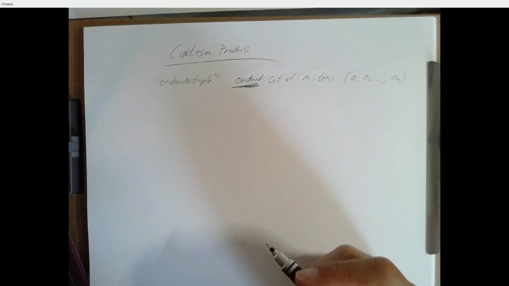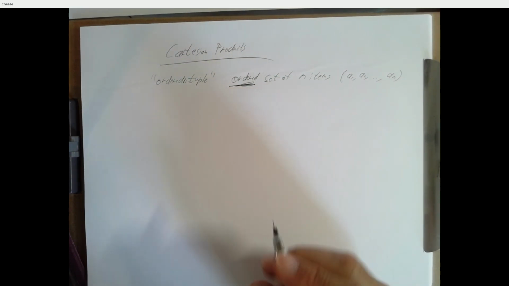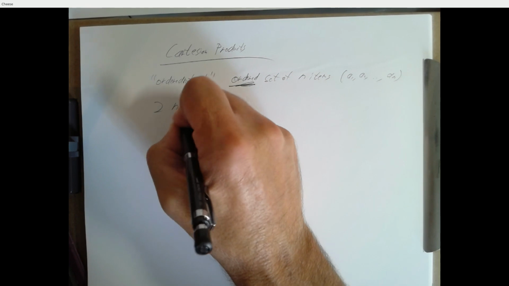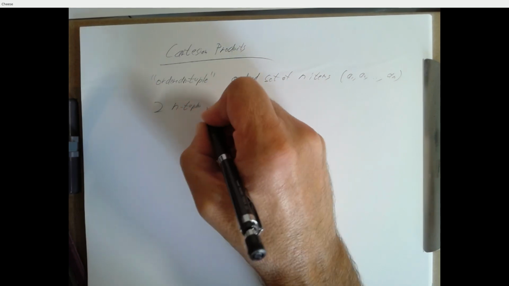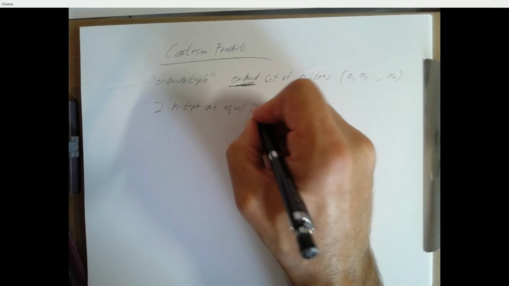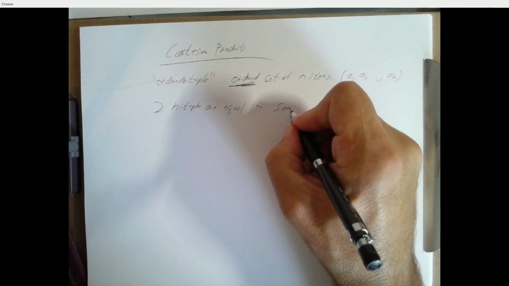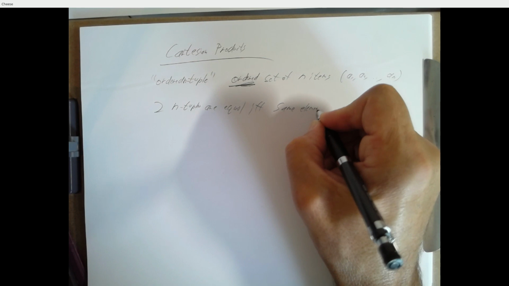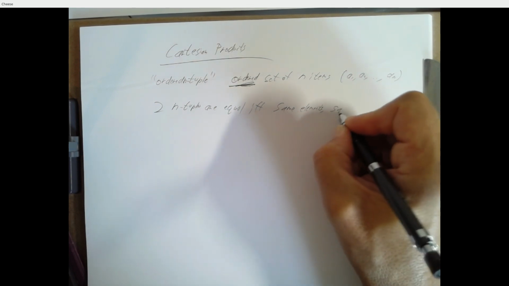It's an ordered set, or an n-tuple. So 2 n-tuples are equal if and only if they have the same elements in the same order.